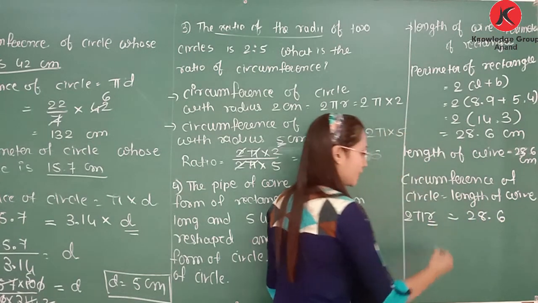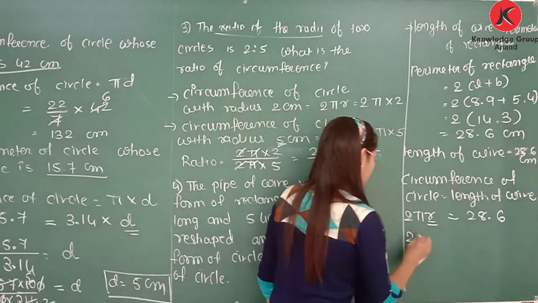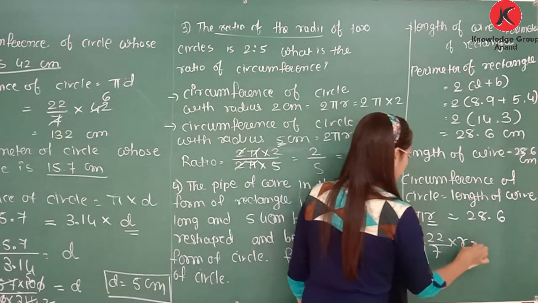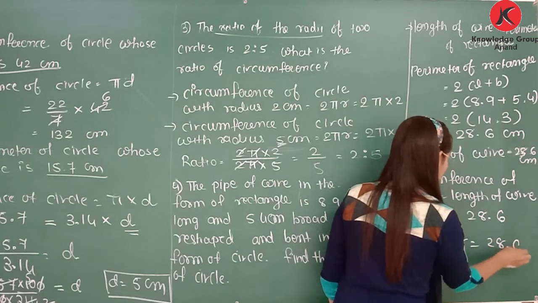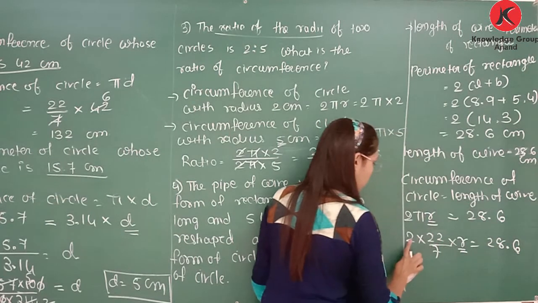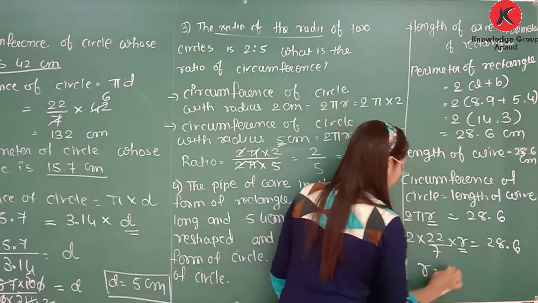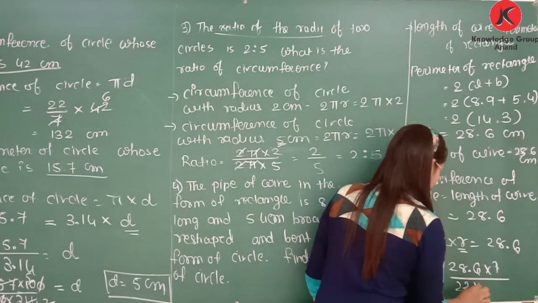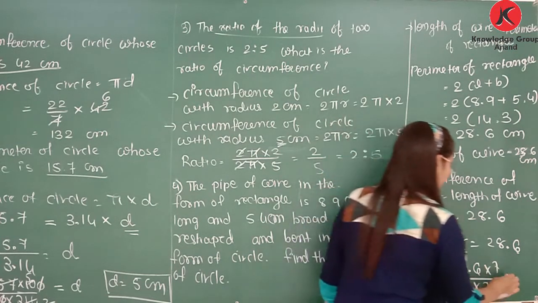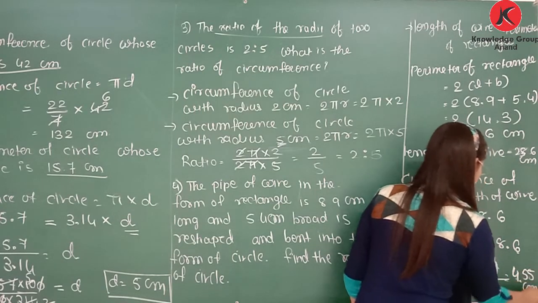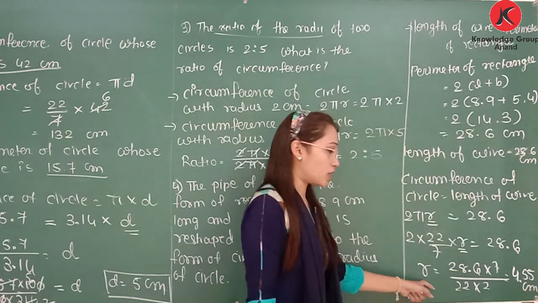So here we need to find r. 2 pi r, with pi as 22 by 7, is equal to 28.6. Now to find r, take 7 and multiply, and 22 and 2 in the divider. If you solve this, you will get 4.55 centimeters. That is the radius of the circular wire.